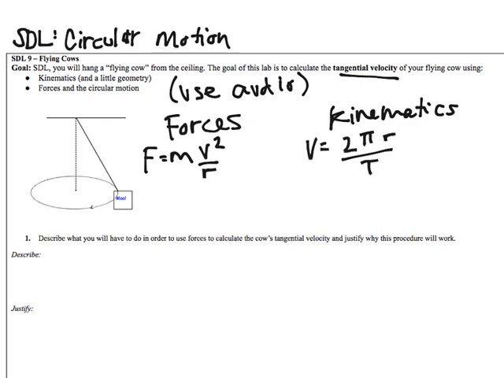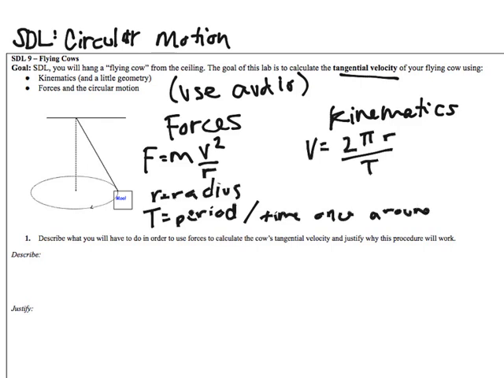The second one is v equals 2 pi r over T. Remember, r is the radius, T is the period, which is the time once around a circle. Essentially one rotation.